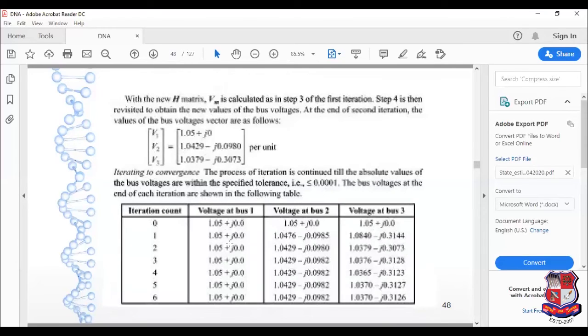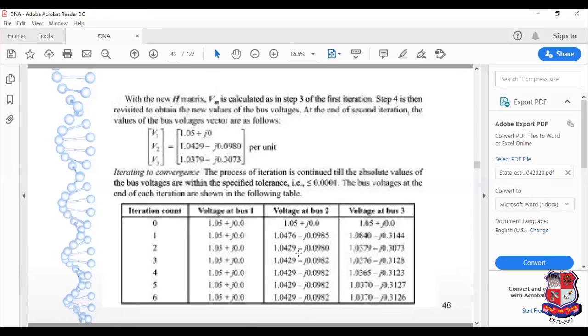After the first iteration, the value of bus 1 is not going to change because we have considered it as the slack bus, while for bus number 2 and bus number 3, during the zeroth iteration, our assumption was that the value is 1.05. Now it is 1.0476 minus j0.0985. After the second iteration, it is 0.0980.